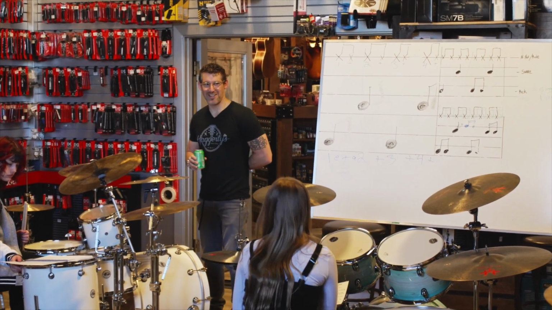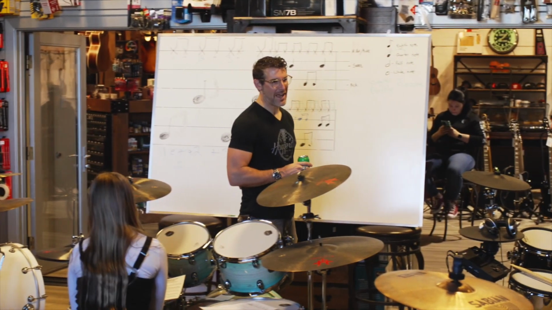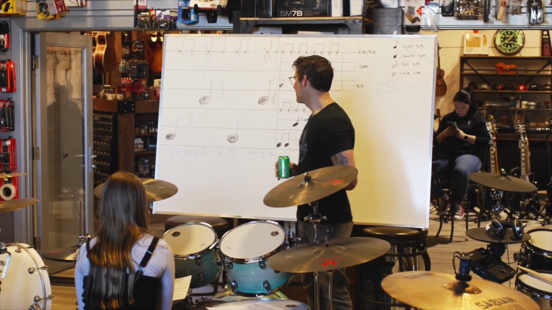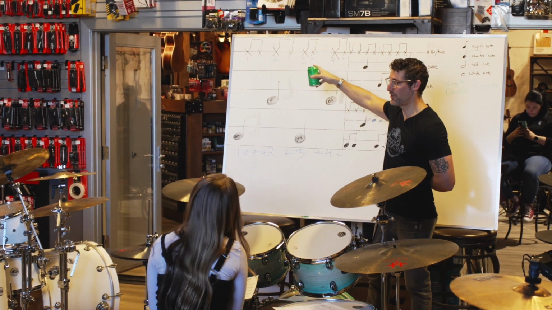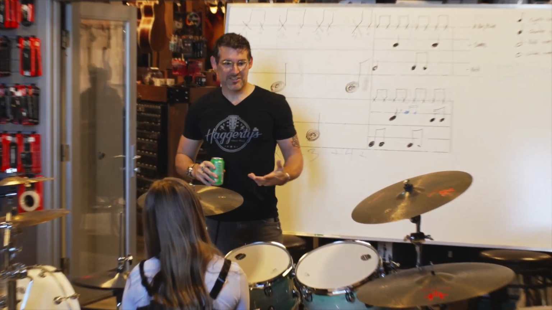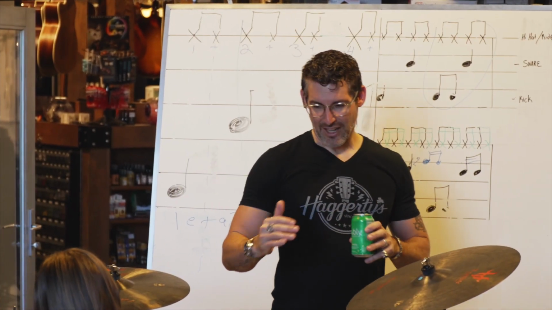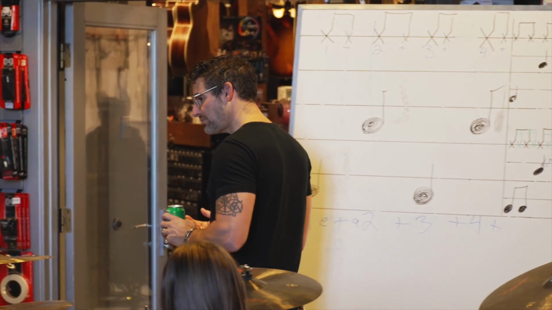Has anyone ever heard the word ostinato? An ostinato is a repeating pattern, okay? So I want you to think about that hi-hat that you're playing, right? And this last week we talked about it. An ostinato is this kind of pattern that repeats over and over and over.